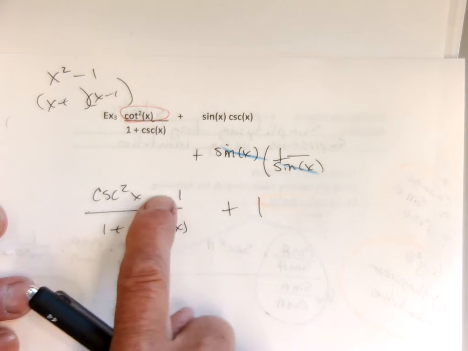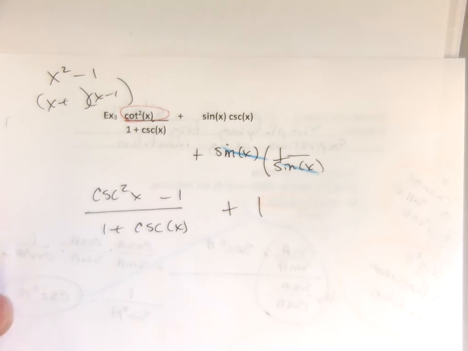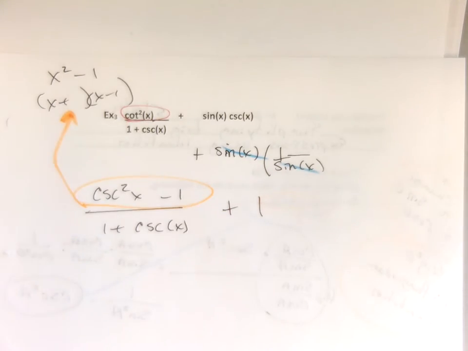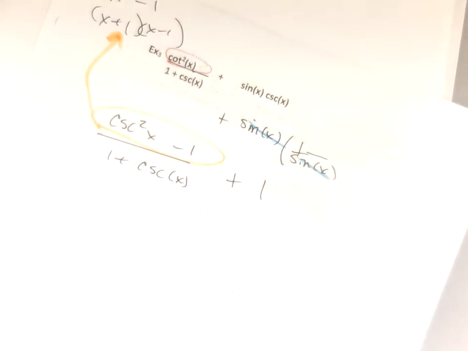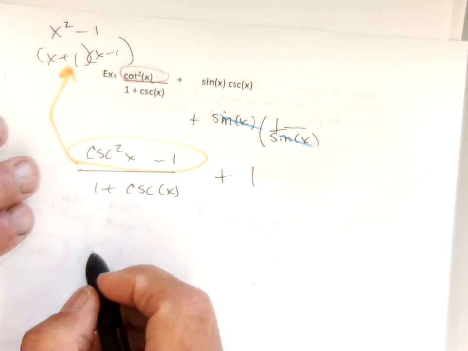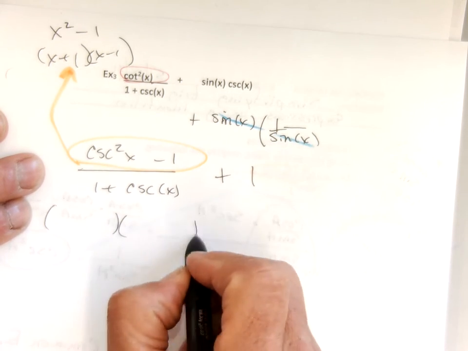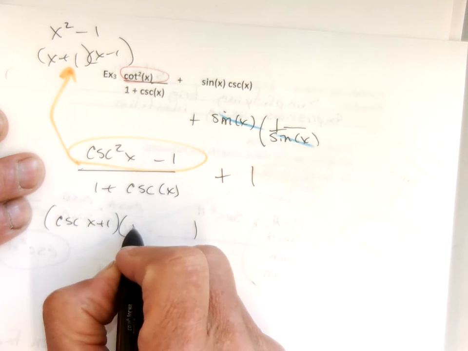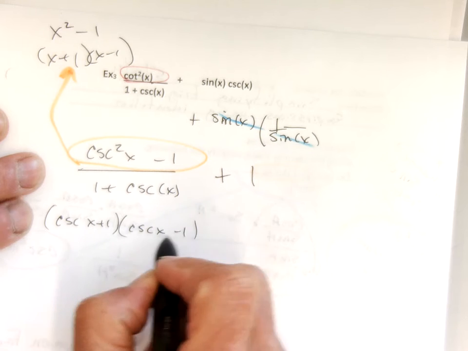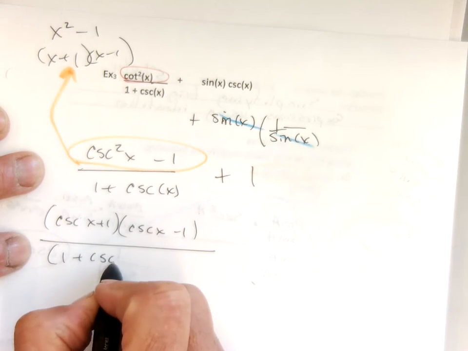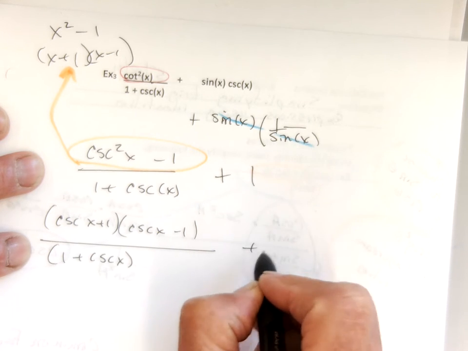So I'm going to factor this one like I factored up here, except instead of x, we'll do cosecant. So we write this as cosecant of x plus 1, cosecant of x minus 1, over 1 plus cosecant of x, right?